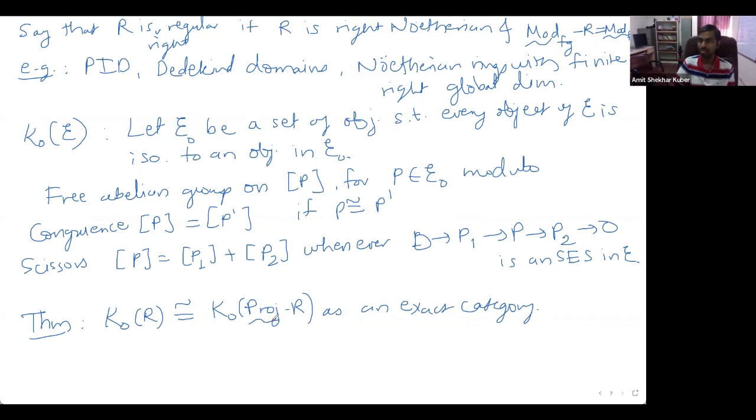It's just additive. But these two definitions will give you the same result ultimately. Okay, any questions? Fine. So now we can move on to defining what is K1 of E. So again, free abelian group.